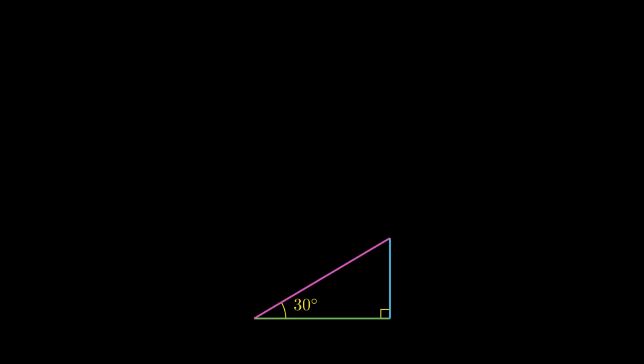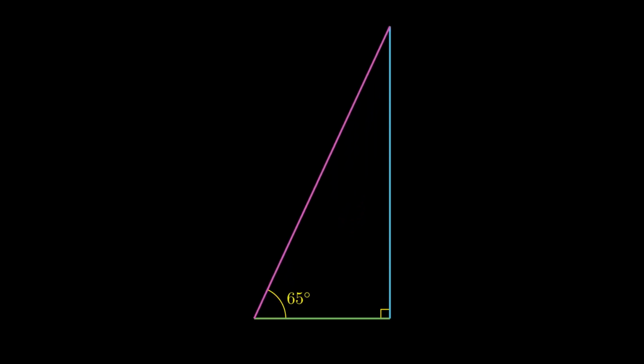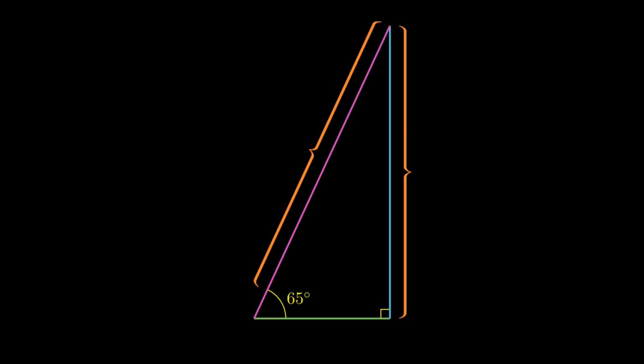And clearly if we increase the angle, it doesn't stay that way. So now for this 65-degree angle, if we look at the blue side and compare it with the pink side, it's clearly not just half, it works out to be somewhere around 90% of the pink side now.